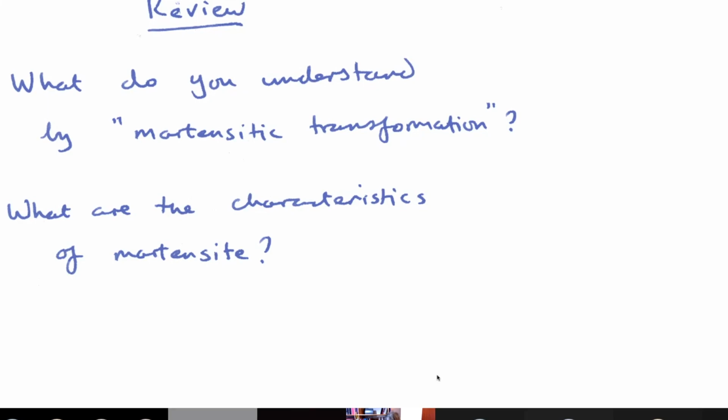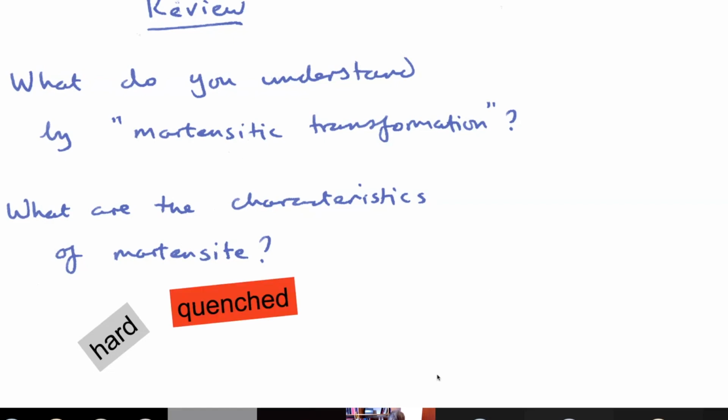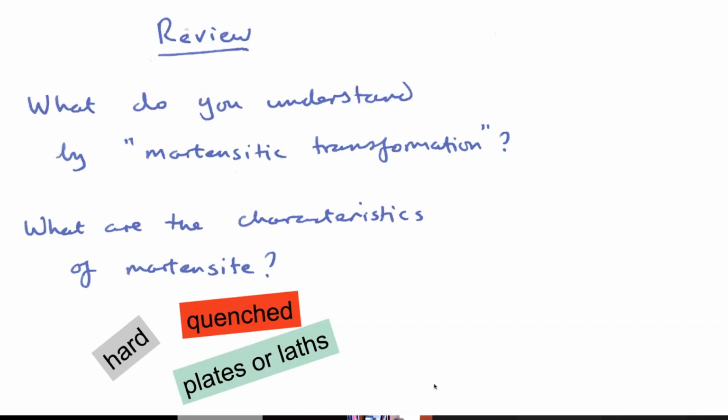Well, if you ask this to second-year undergraduate students, they will come up and say, yes, martensite is hard. Someone else might say that you need to quench the austenite rapidly in order to obtain martensite. Someone else will say the shape is like plates or laths. And unfortunately, the term needle is also often used.